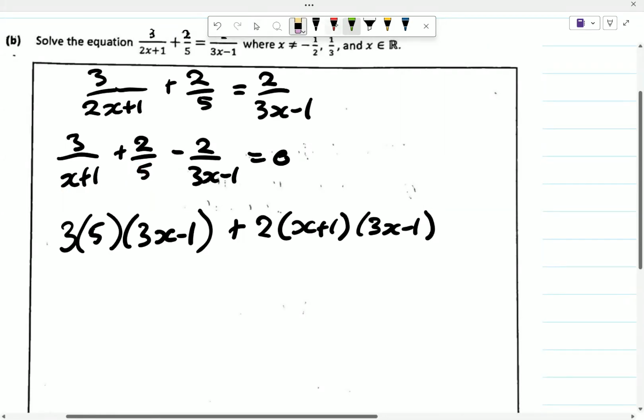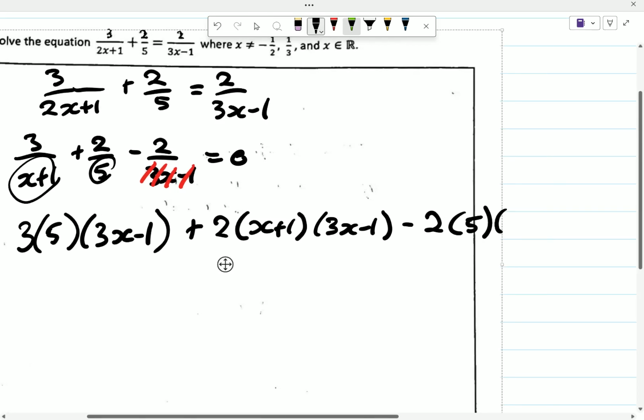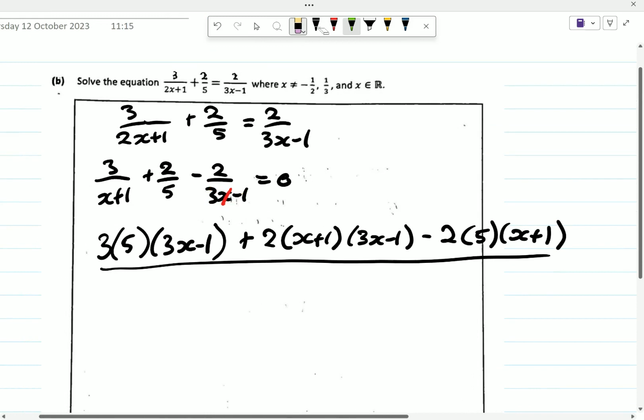We keep our minus, so that stays minus. Block out the one it's sitting on top of, multiply by these. So that's minus 2 times 5 minus 2 times x plus 1. And what you're going to have on the bottom is all 3 multiplied together.